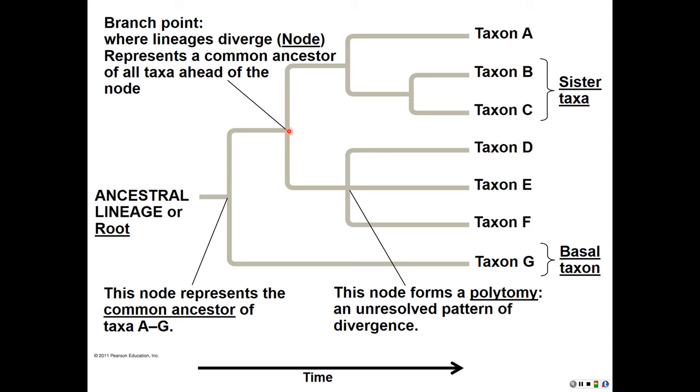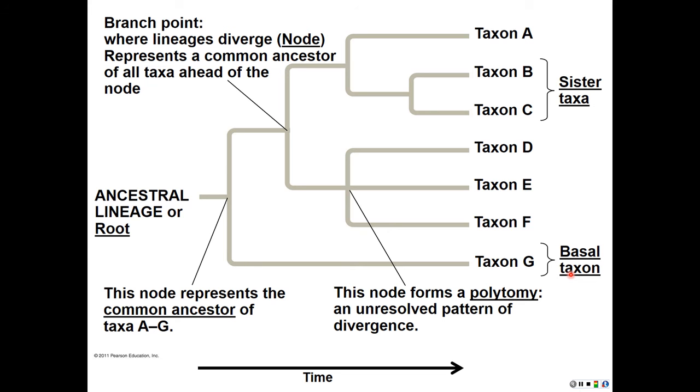So taxon G would be our basal taxon here. It evolved early in, it was part of this initial split, and one lineage gave rise to all these different taxa, and in this lineage it remained pretty much unchanged, and we would refer to this as the basal taxon. And this basal taxon will be important later when we want to work on making our own trees, because it serves as an important basis of comparison. So that is the basal taxon.